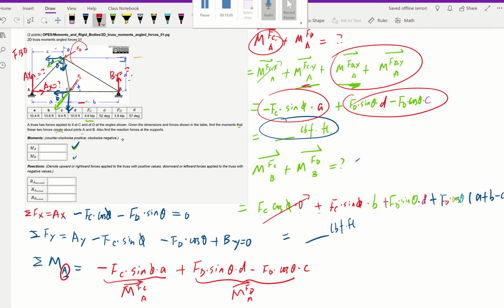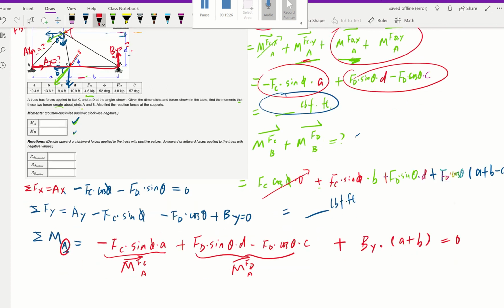Now the last one is your force BY. BY rotating about A, that's straightforward. BY is vertical, so the moment arm is going to be this entire length, that's A plus B. Now consider the direction. It's going to rotate about A counterclockwise, so that would be plus, that equals 0. Then again, thinking about there are 3 unknowns, right? The rest is known.